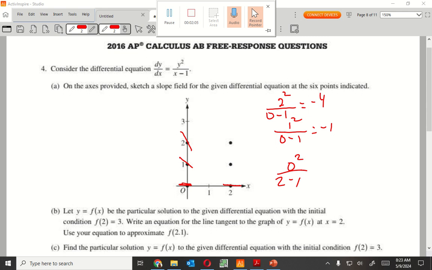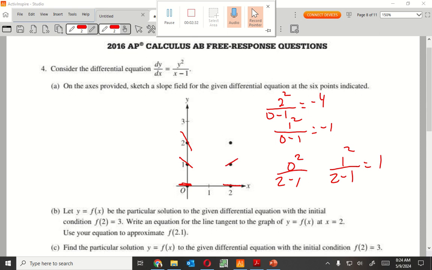Okay, next one up is going to be 2, 1. So that's going to be positive 1. 2 minus 1, yeah, so it's going to be positive 1. That means this goes like that.